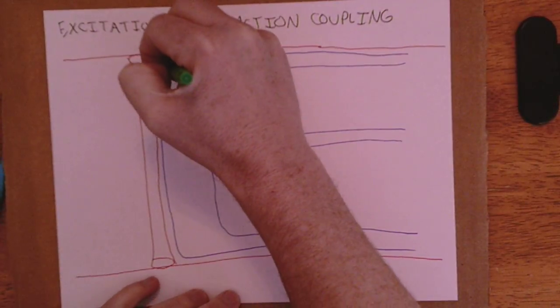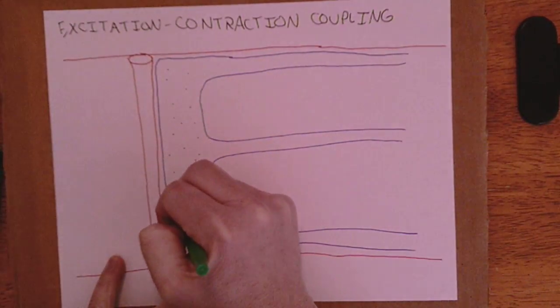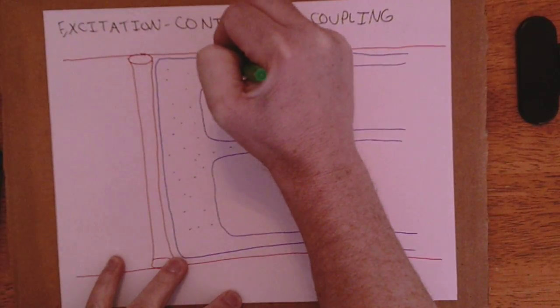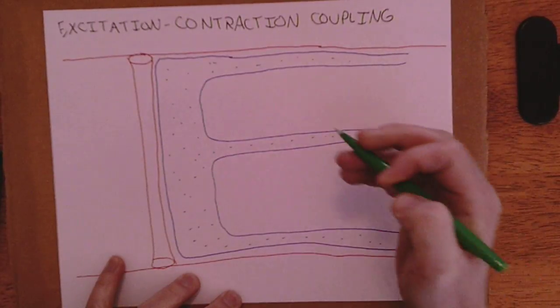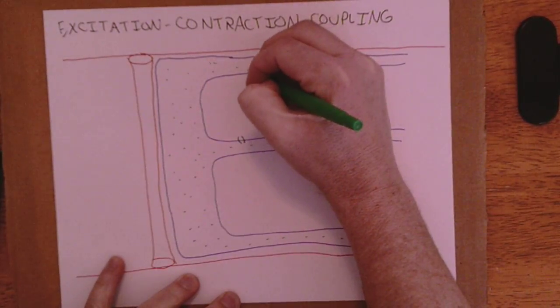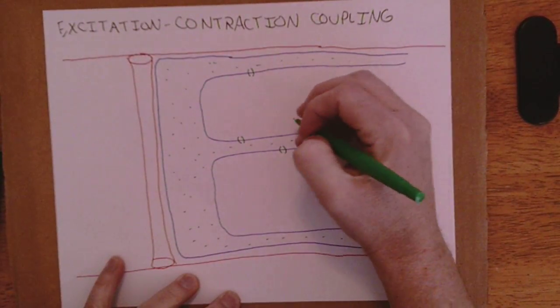And once again, we have a familiar participant here. We have calcium ions that are stored inside of the sarcoplasmic reticulum. And that always then assumes we're going to need to see something that allows them to get out of the sarcoplasmic reticulum, calcium gates.